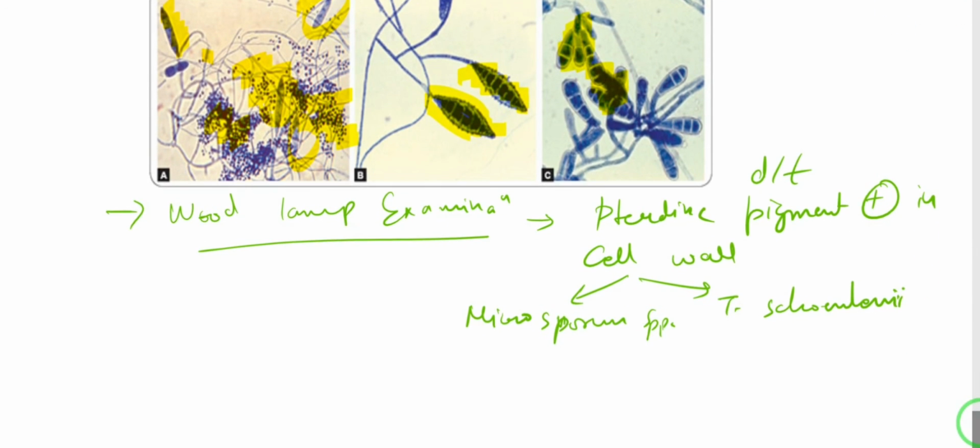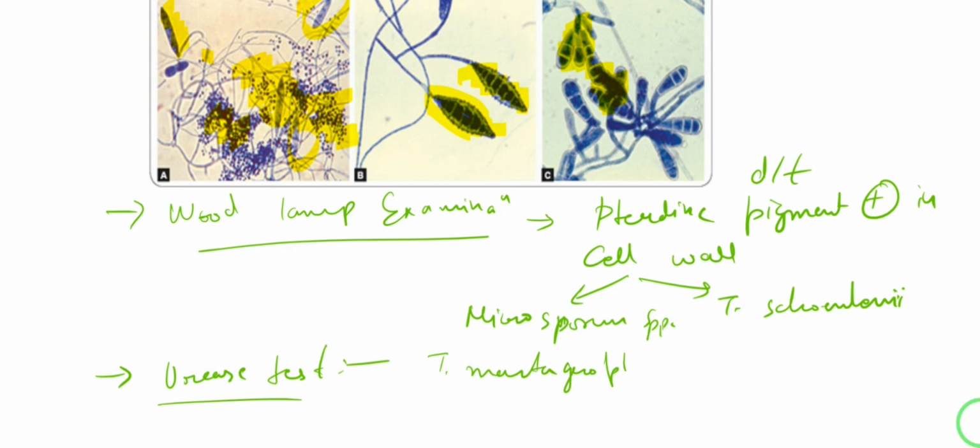Then what else can we do? We can do a urease test. If we are suspecting Trichophyton, we can do a urease test because Trichophyton mentagrophytes is positive for it. We can also do a hair perforation test.